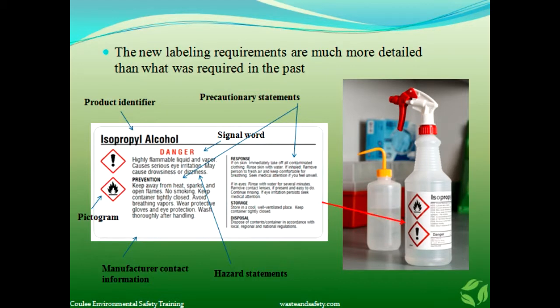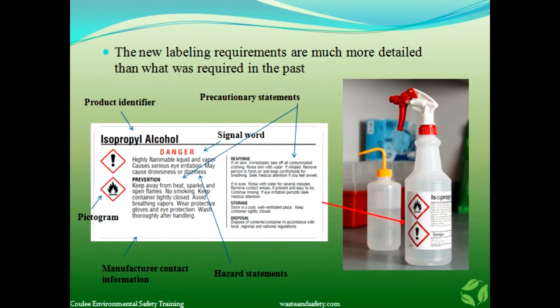These new labeling requirements are much more detailed than they used to be. No longer can you simply write on the portable container with a marker stating what it has in there. You must have a label that's affixed to it that contains, again, those primary labeling elements. That is, it has to have the product identifier, what that material is.